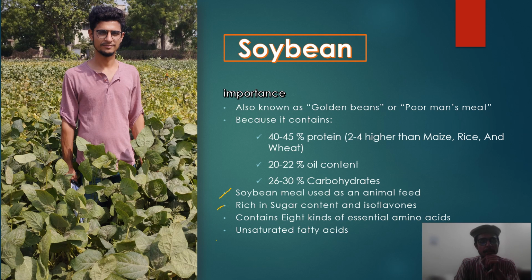It contains unsaturated fatty acids of basically two types, linoleic acid and linolenic acid: 54% linoleic acid and 8 to 9% linolenic acid. This crop is also enriched in lysine, which, as I already told you, is not present in maize, rice, and other cereal crops.